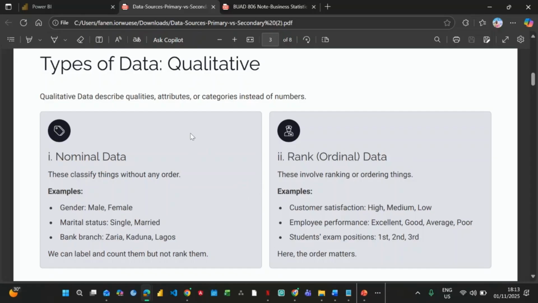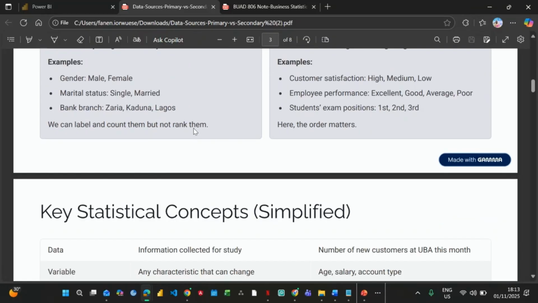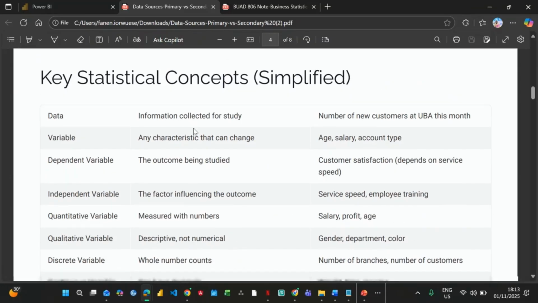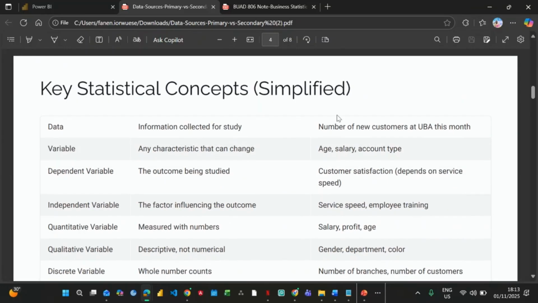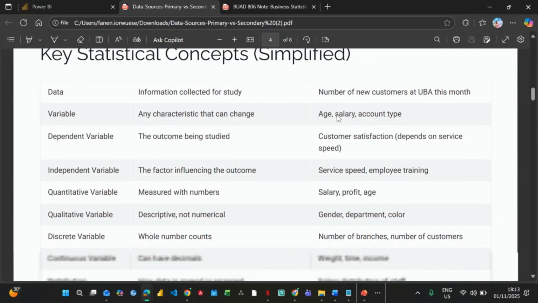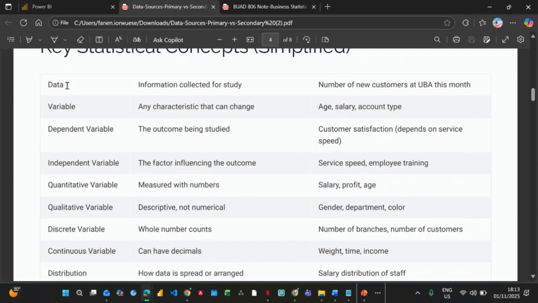Okay. We now have some key statistical concepts that are very important for us. Data is just information collected for study. For example, the number of customers at UBA this month.